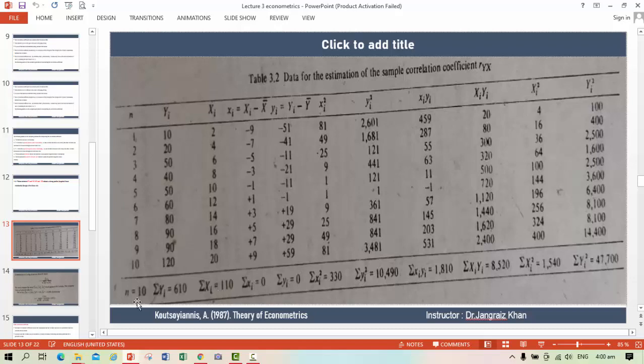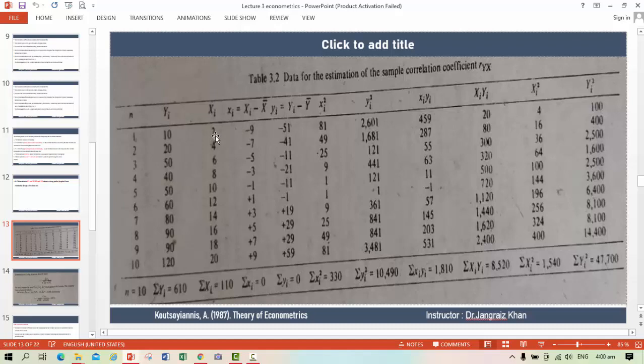The number of observations is 10, so x bar is equal to summation x over n. So summation x is 110, n is 10, so 110 divided by 10, we get x bar as 11.